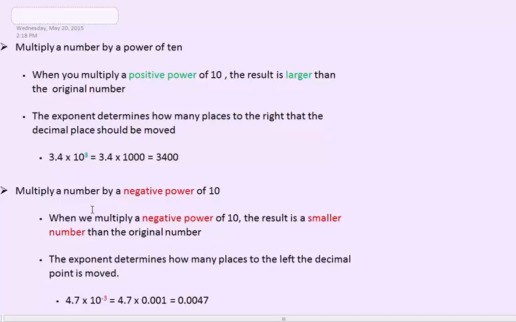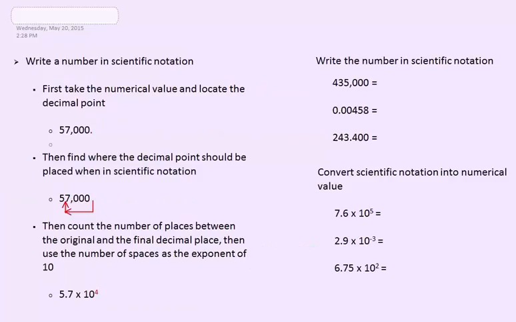When we multiply a number by a negative power of 10, the result is smaller than the original number, and the exponent determines how many places to the left the decimal point is moved. So 4.7 times 10 to the negative third power is the same as 4.7 times 0.001.